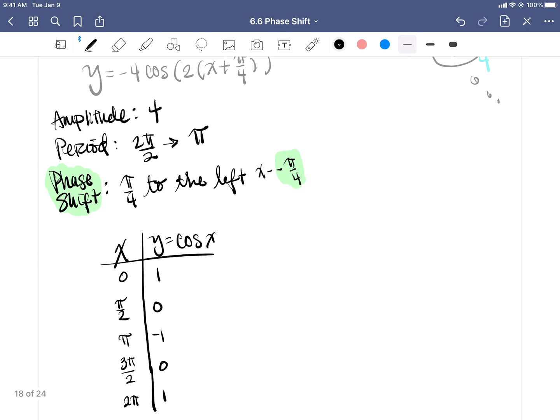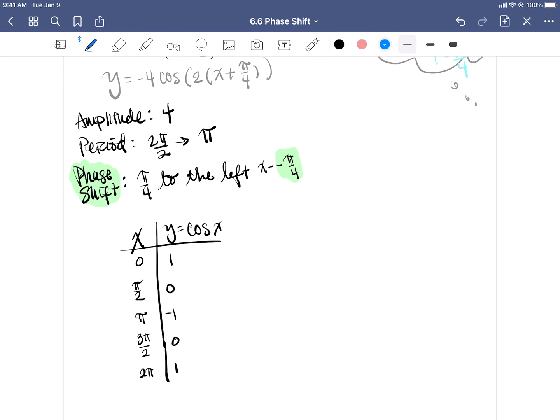All right, so I've got lots to do here. I'm going to multiply the y's by negative 4. I'm going to multiply the x's by a half.